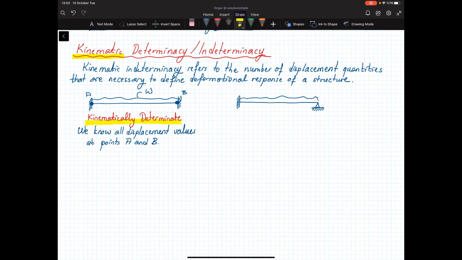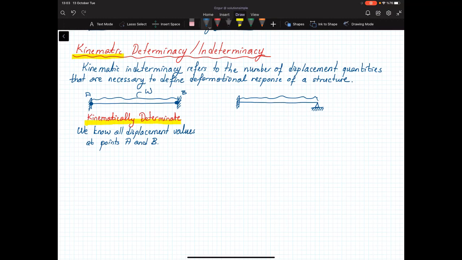I know all the values of the boundary conditions. By using the differential equation for bending, I can determine the deformed shape of the structure. So this is kinematically determinate. What we are interested in for kinematic determinacy is the displacement values at the boundaries.